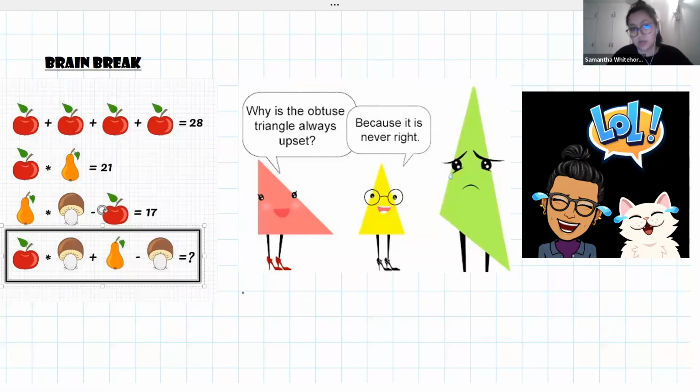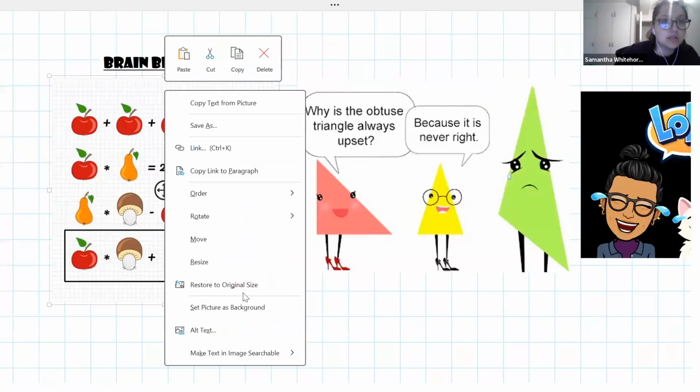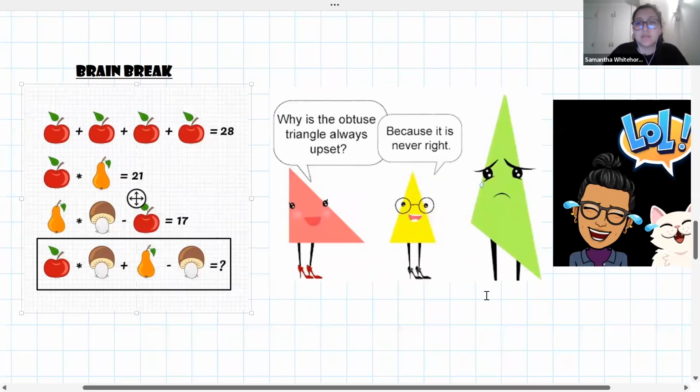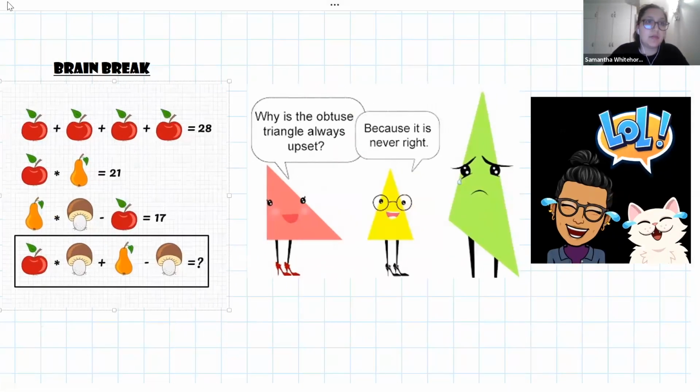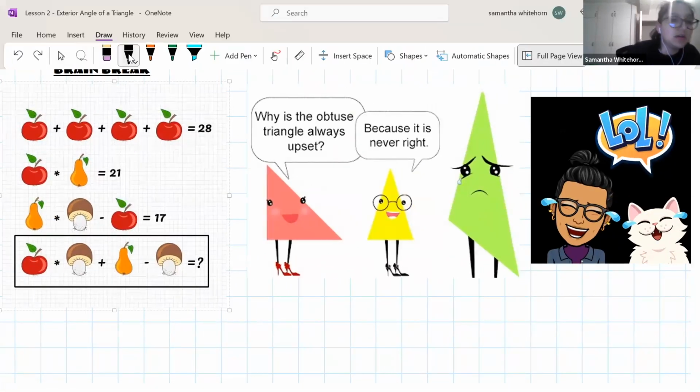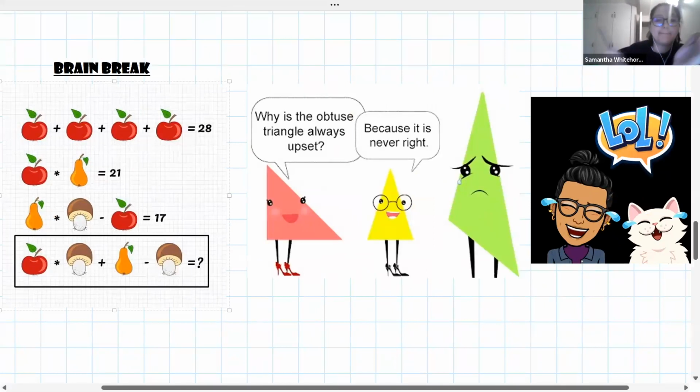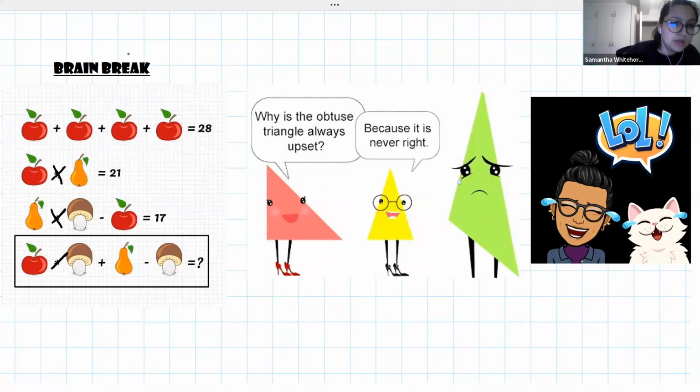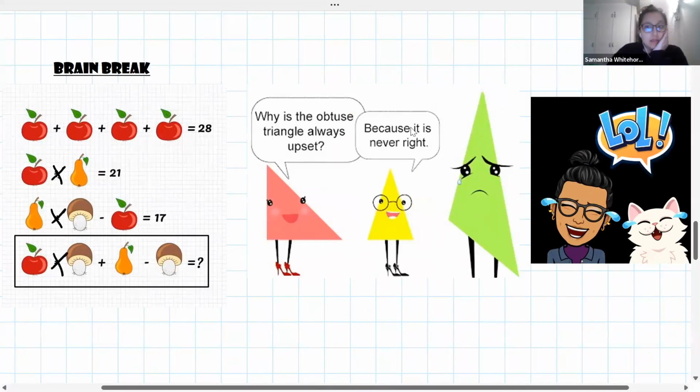So I'm actually just going to draw over them. The stars mean times. Apparently, it's taking me an excessively long time to get my pen to work. There we go. So in terms of your operations, you are multiplying them. So I want that last value, please.